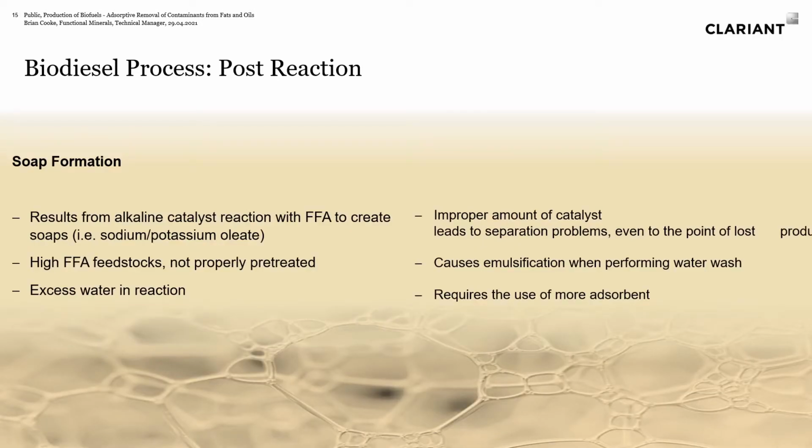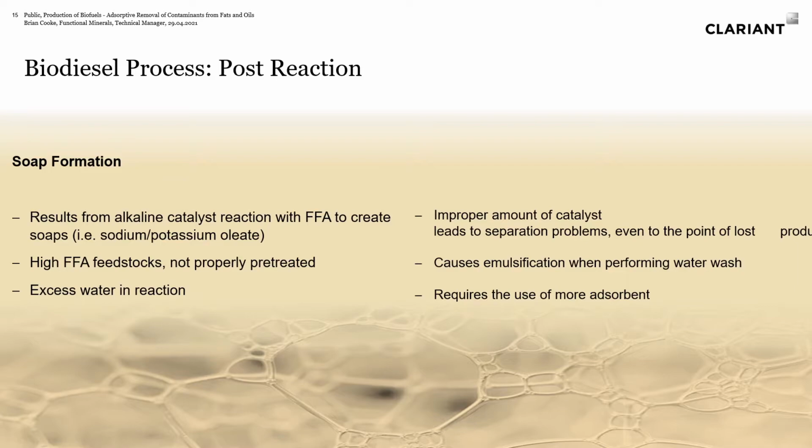So looking at the post-reaction, some of the things to keep in mind: soap formation, that results again from the alkaline catalyst reaction with the free fatty acid. If you had oleic acid, for example, that would form sodium oleate. So that can come from high FFA feedstocks, excess water in the reaction. You want to keep that reaction as dry as possible because you can get direct saponification of the triglycerides if you have enough water in the system.